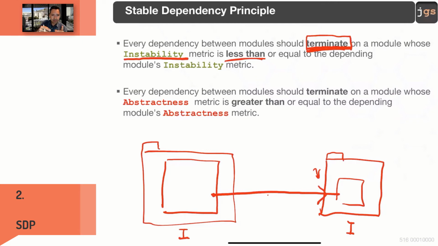And use like the opposite: if you want to compare abstractness instead of instability, the rule is similar, but the second one, the one in which the connection finishes, should have a greater value of abstractness.